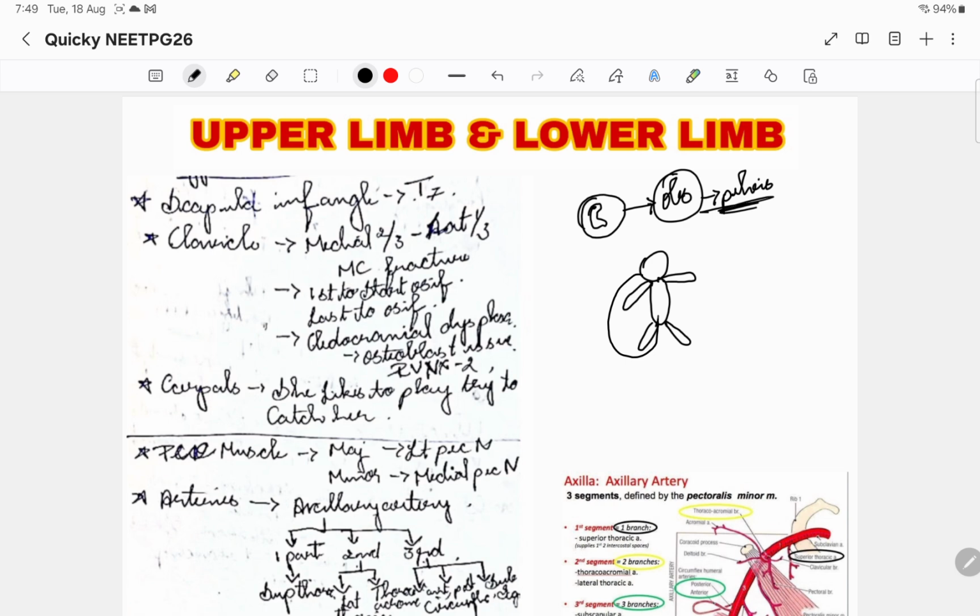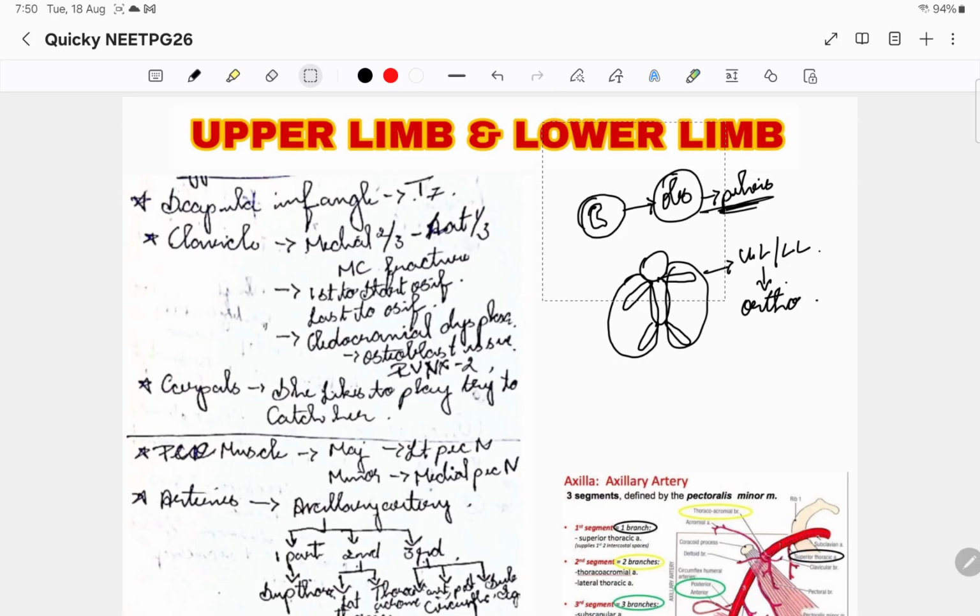So now we'll be discussing these limbs and the limb pathologies. Limbs will be discussed here itself, upper limb and lower limb. The pathologies of upper limb and lower limb and all the musculocutaneous tissue will be dealt with in orthopedics, which will be the next chapter. I want you guys to be aware of where I'll be covering what topics.